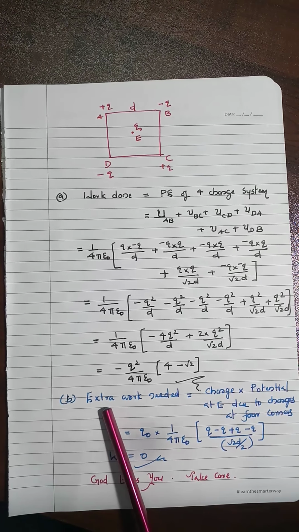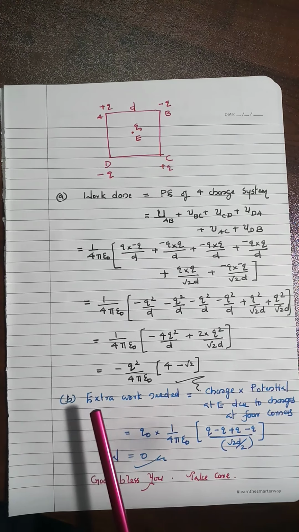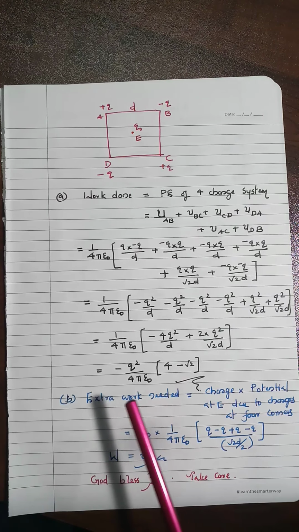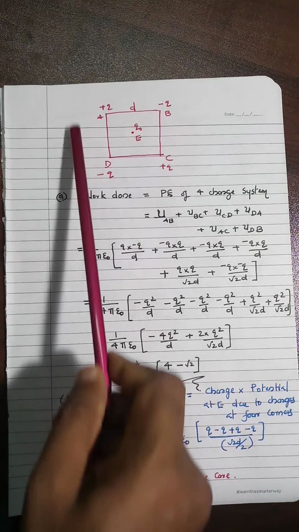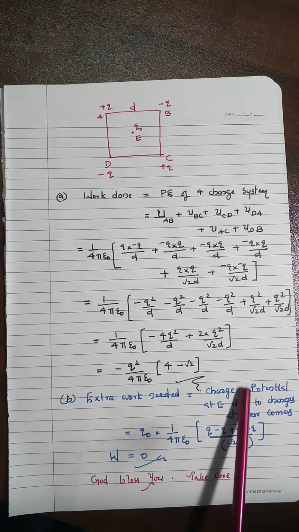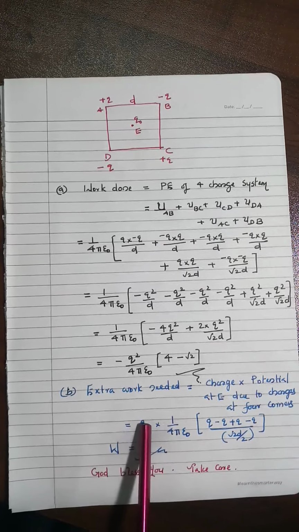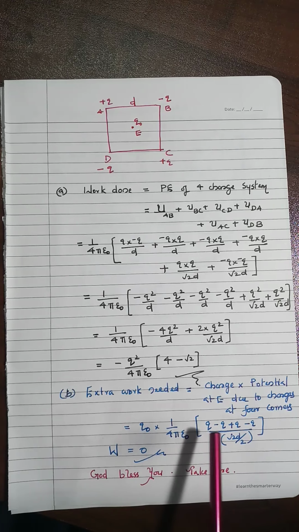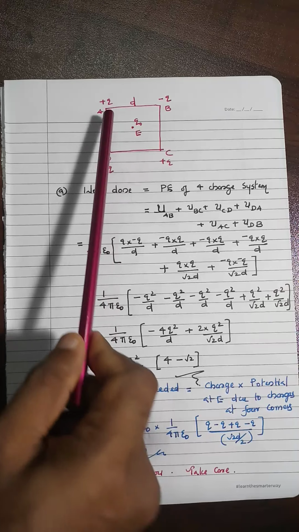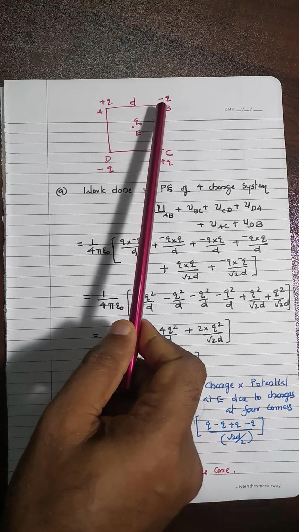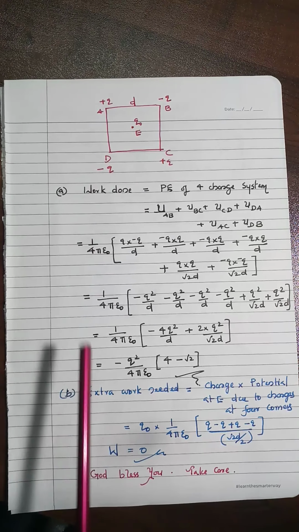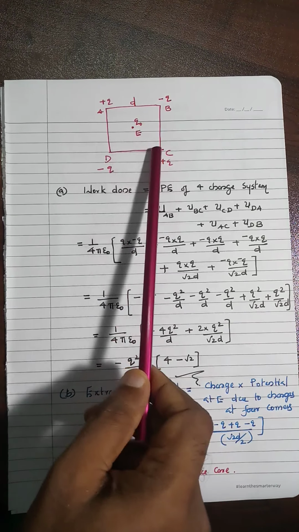The next concept is how much extra work is needed. The work needed is nothing but equal to charge into potential. So here the potential at E due to the other charges A, B, C, D. So the charge we need to move, that Q0, into 1 by 4 pi epsilon 0 into Q by separations. So here Q by, minus Q by, plus Q by, minus Q by, they are with equal separation.